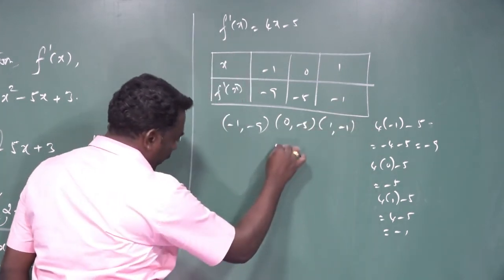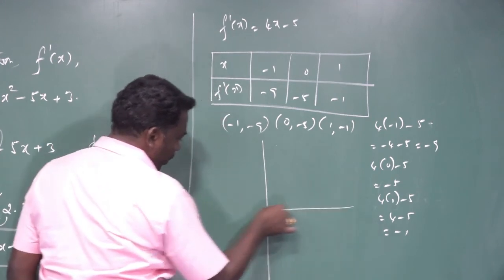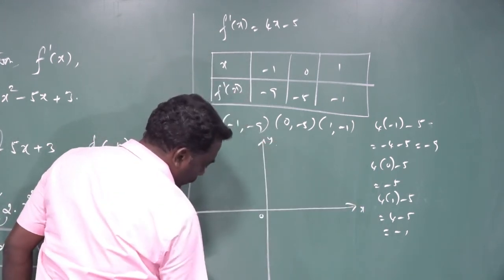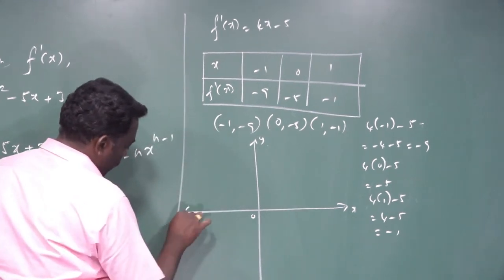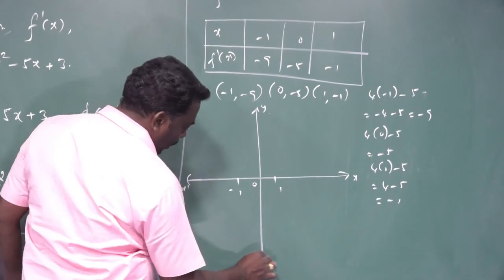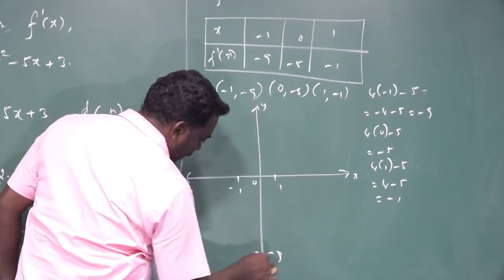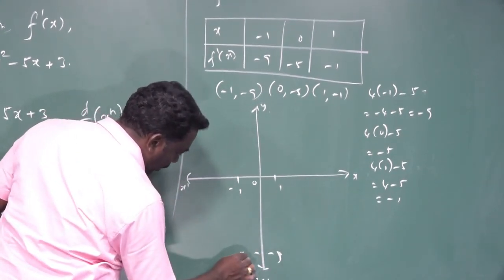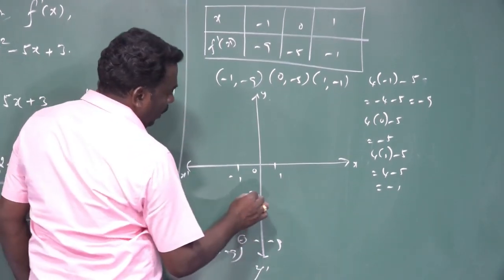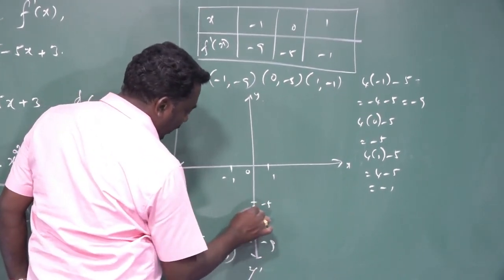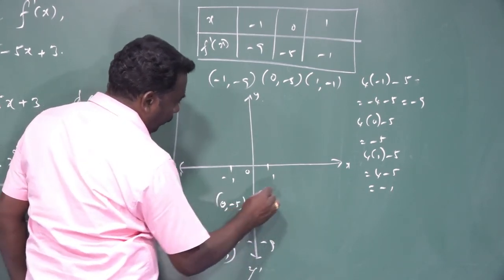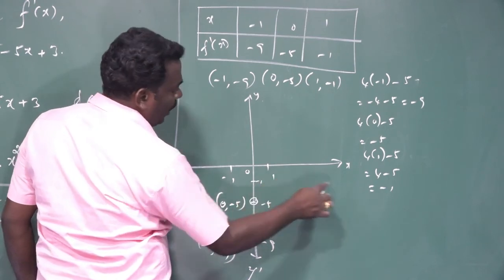Now plot the points: minus 1 comma minus 9, then 0 comma minus 5, and then 1 comma minus 1.